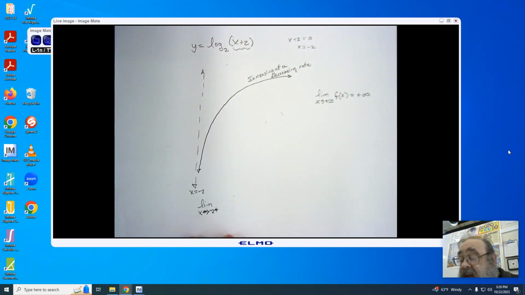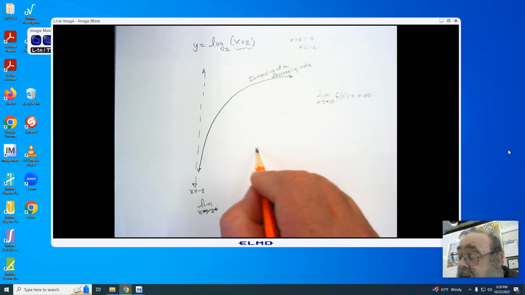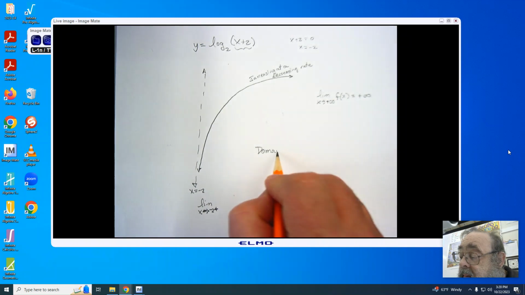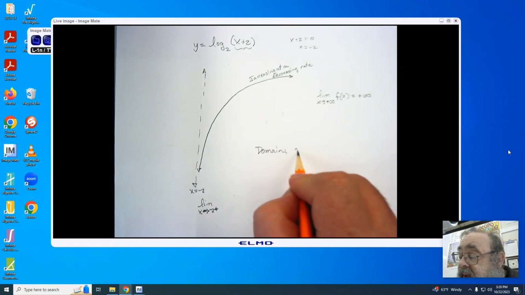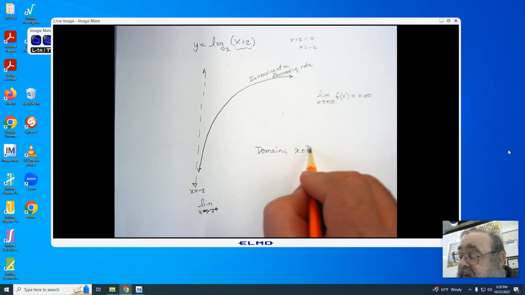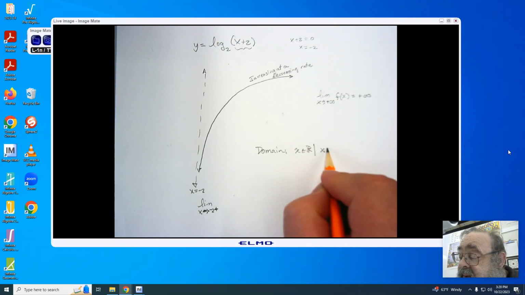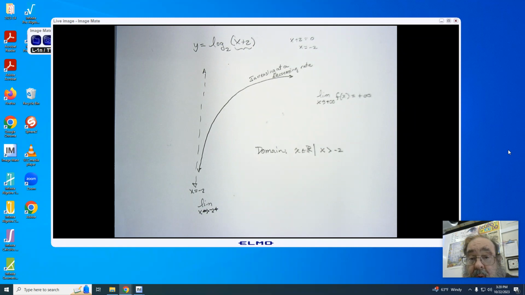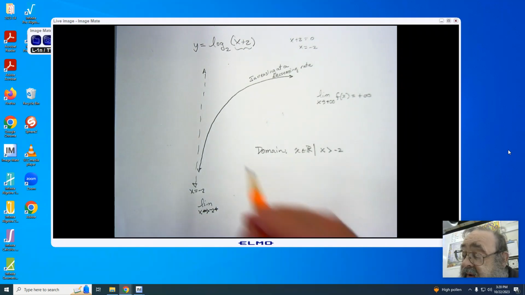Now, we can see that we'll never reach that negative 2 for the value of x, and this is where our domain comes in. The domain is x is an element of the real number set such that x is greater than negative 2. Notice this is not greater than or equal to, because we will not get there unless we could get to infinity.